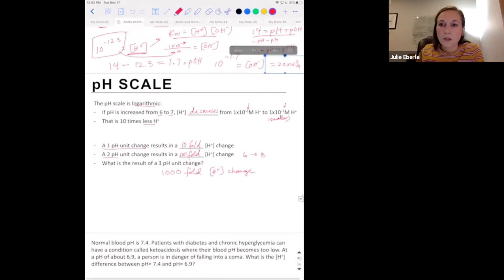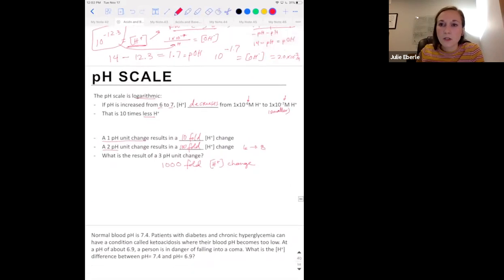Just to give you some context, here's a very handy relationship that you can use on the exam. As you climb up the pH scale from 6 to 7 to 8 to 9 towards 14, you reduce the amount of H+. These things are inversely related. The higher your pH, the lower your concentration of H+, and the higher your concentration of OH-.